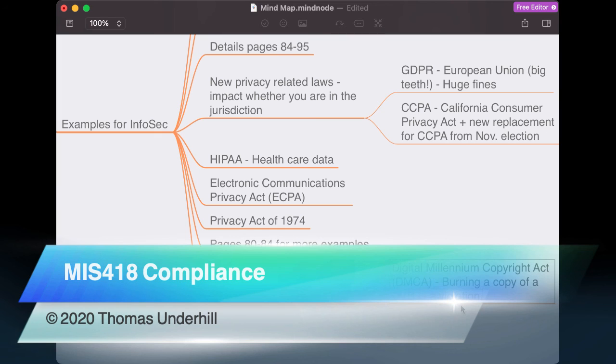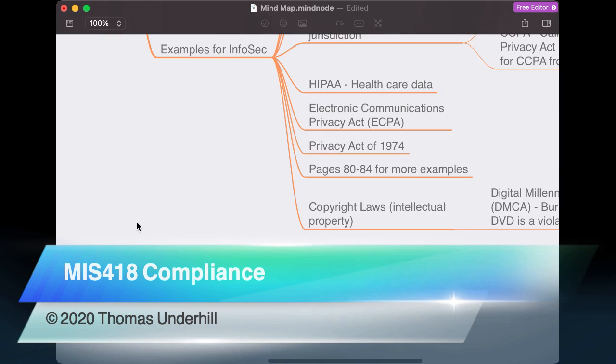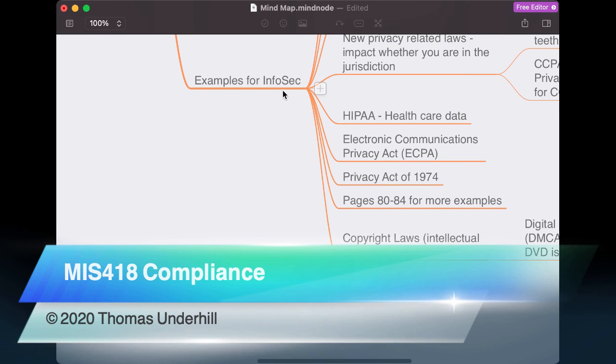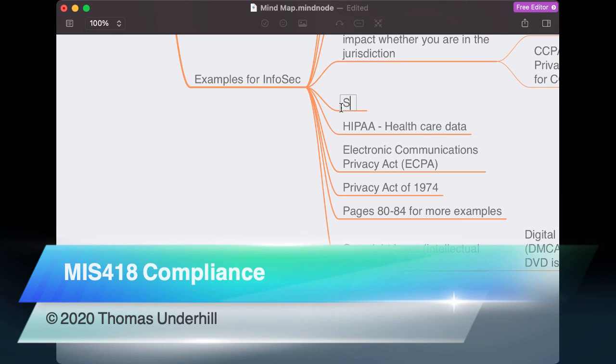European Union has similar laws as well. Okay, and now if that all wasn't difficult enough, there can be state level laws. And so I gave an example of CCPA as one example. And so usually organizations comply with the law that is the most strict that might apply to them.